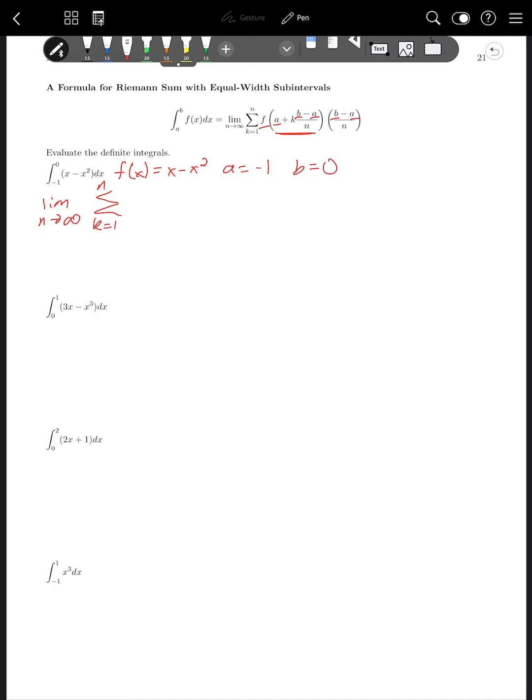That would be a, which is negative 1, plus k times 0 minus negative 1 over n, minus the same thing squared. So negative 1 plus k times 0 minus negative 1 over n squared, times b minus a over n. So 0 minus negative 1 over n.